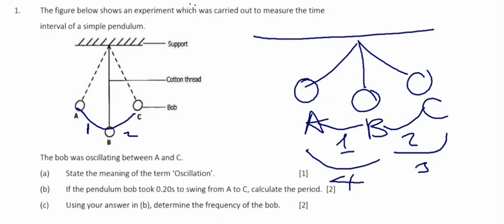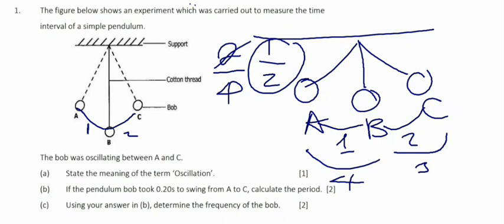Probability is equal to favorable outcomes divided by the total outcomes. In this case, the total is 4 and the favorable outcomes are 2. So to know the number of oscillations, we just say 2 over 4. This is the same as a half, which is 0.5. So the number of oscillations here is equal to 0.5.